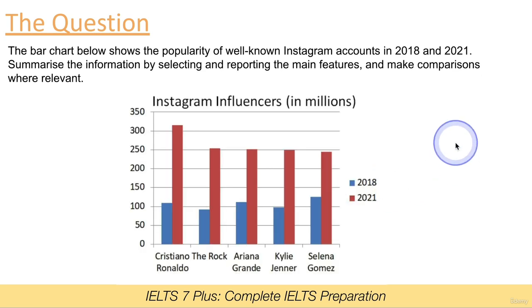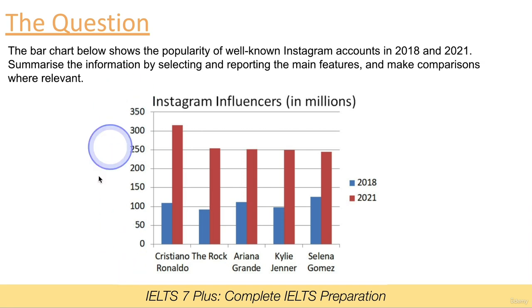Okay then, here is the bar chart itself. So on the x-axis, we've got the Instagram accounts. You might know some of these people. People like Selena Gomez, Kylie Jenner, Ariana Grande, The Rock, and Ronaldo as well.